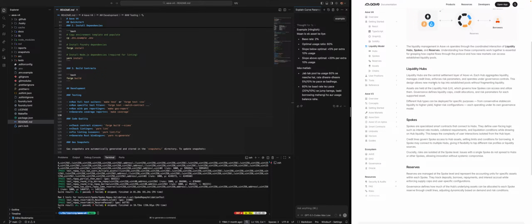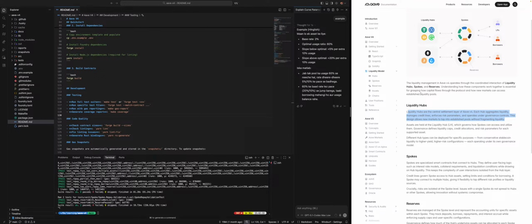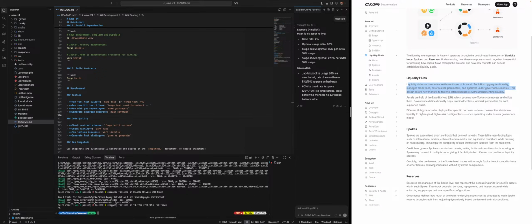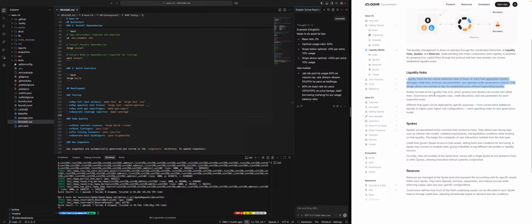This design allows new markets to tap into established pools without fragmented liquidity. So now we don't need to create different pools for the same assets, which leads to fragmented liquidity, right? Assets are held at the liquidity hub, which governs how spokes can access and utilize them.